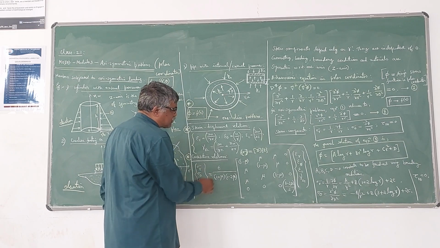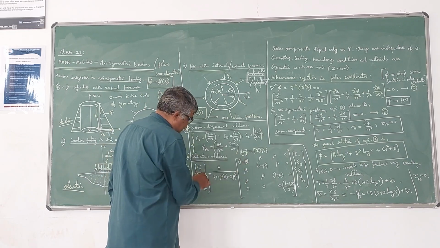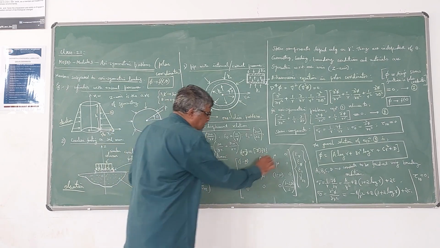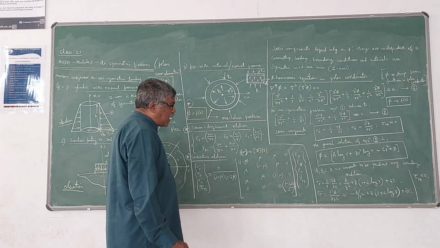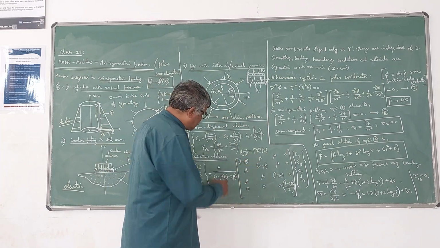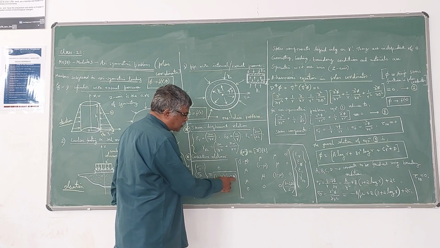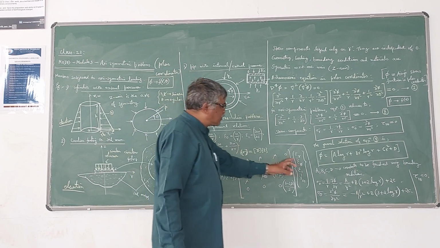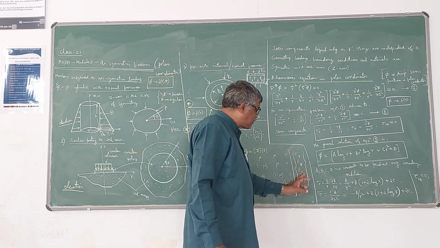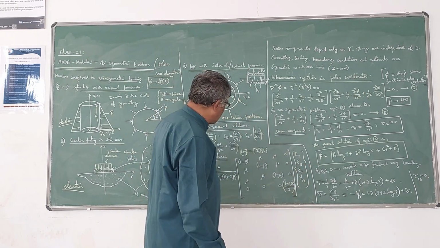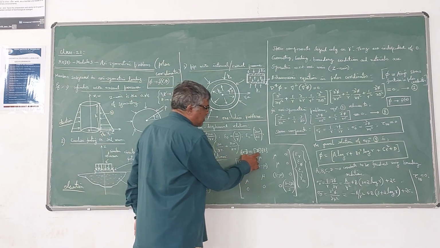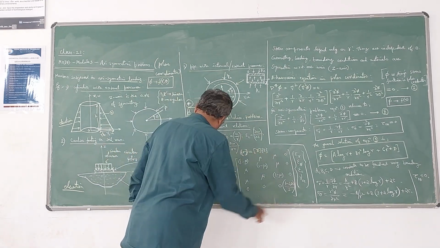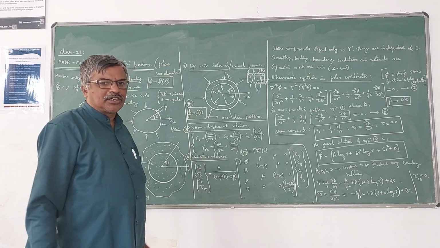So this is your stress column vector, and this is the constant matrix which I will call D. So E divided by (1 plus mu) into (1 minus 2 mu) into this matrix is your D matrix, and epsilon is this: epsilon r, epsilon theta, epsilon z and gamma r z. So this relationship, sigma is equal to D into epsilon, is known as the constitutive relationship.